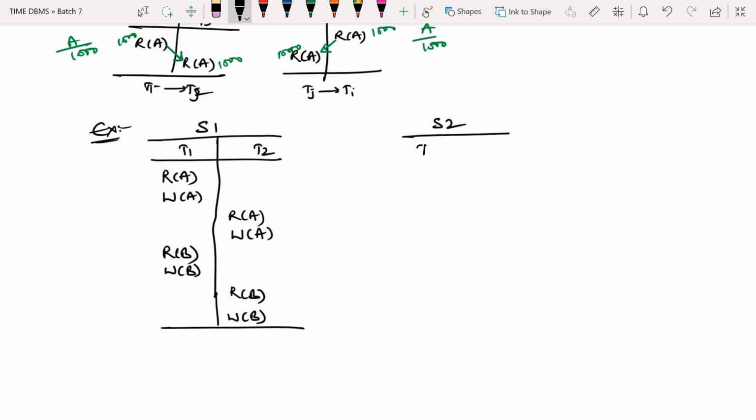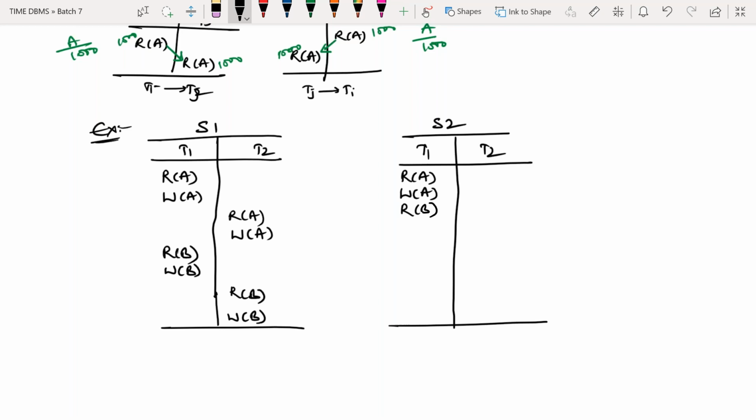And there is one more schedule, S2, with T1 and T2: read A, write A, read B, write B, read A, write A, read B, write B.